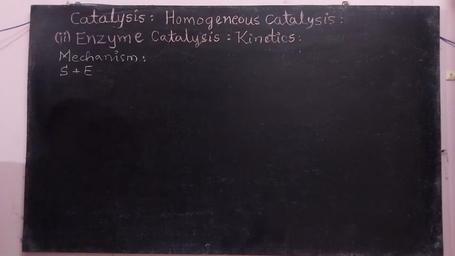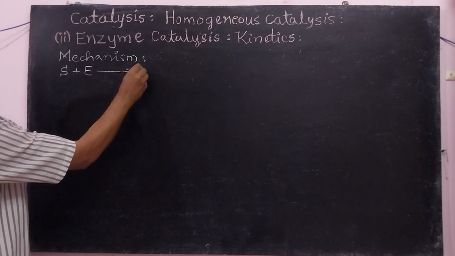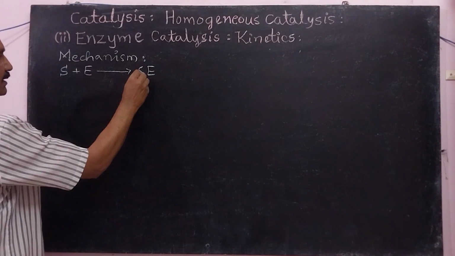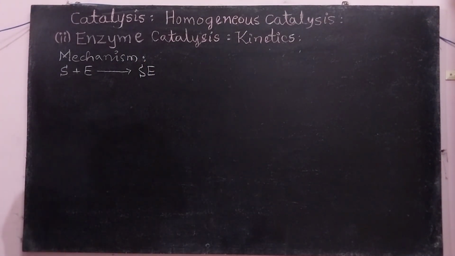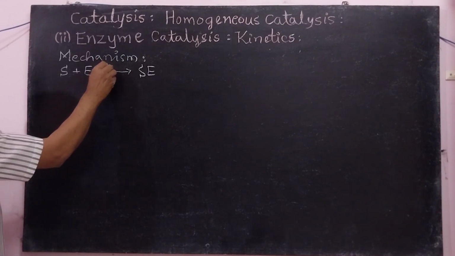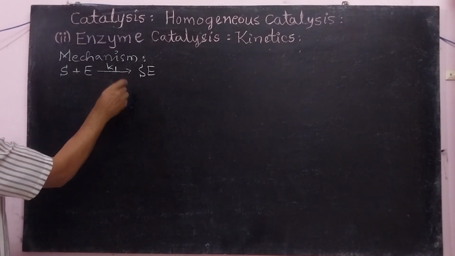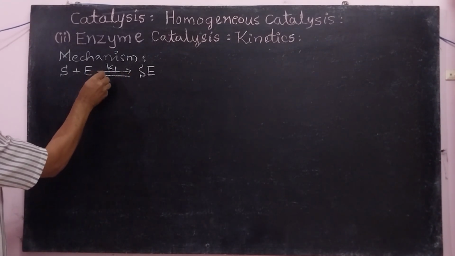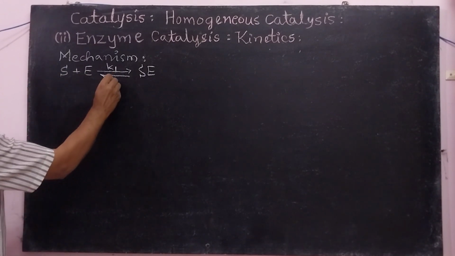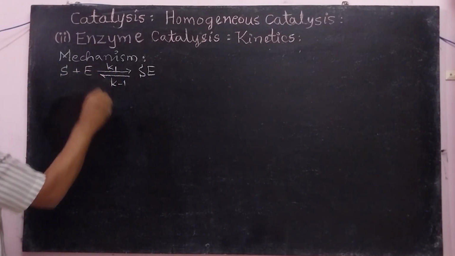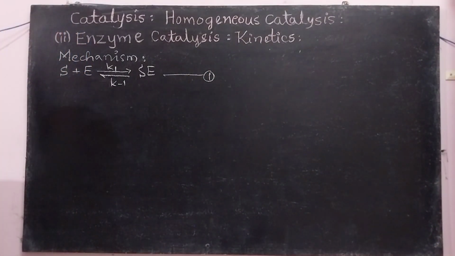It reacts with enzyme, E represents enzyme, and forms the intermediate complex, that is ES, and it takes place with rate constant K1. And that intermediate complex dissociates to give the reactant S and the enzyme E with rate constant K minus 1. We may call it as step 1 and step 2.